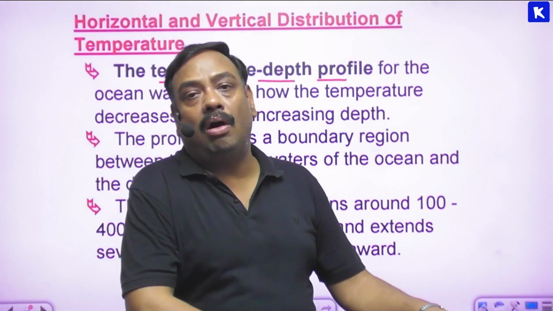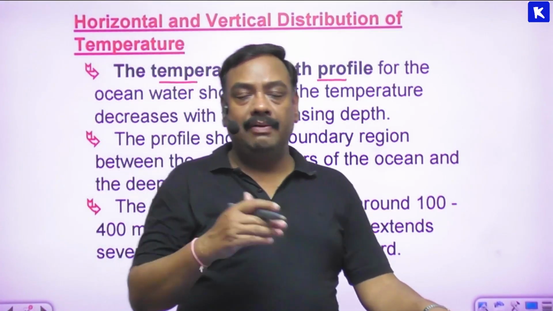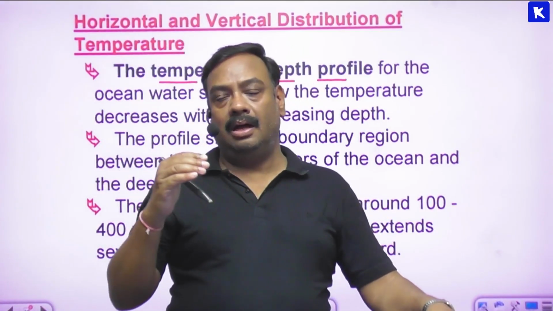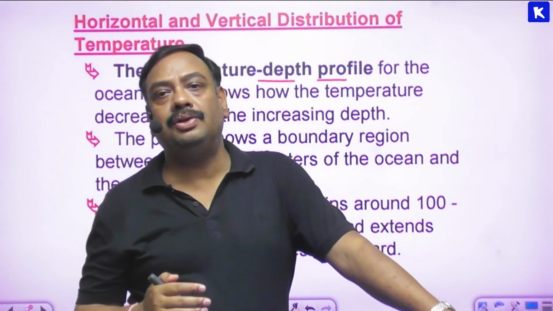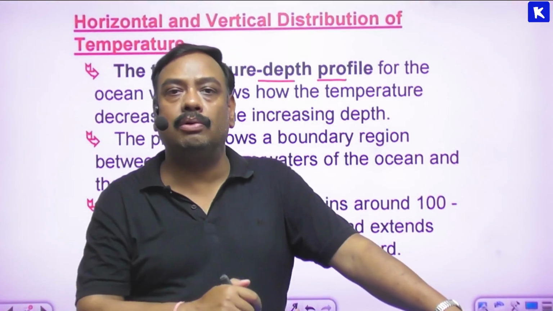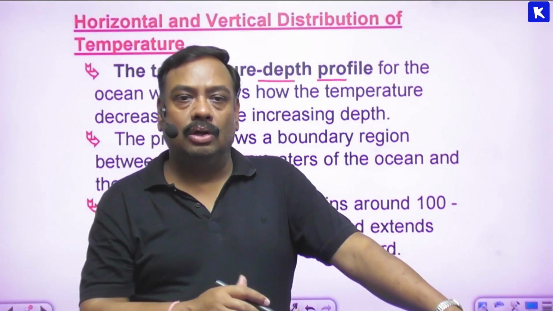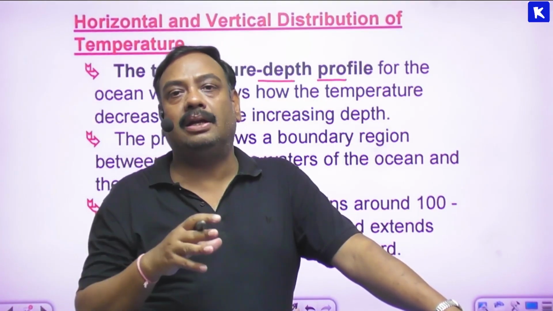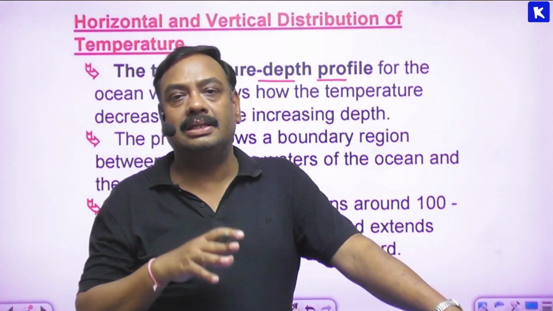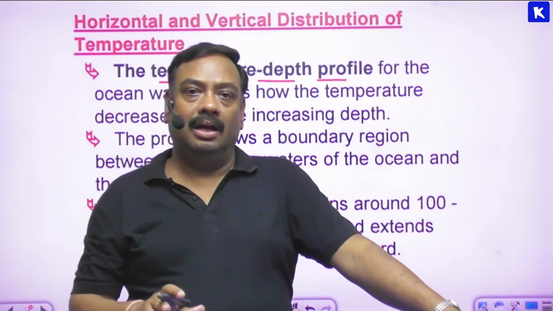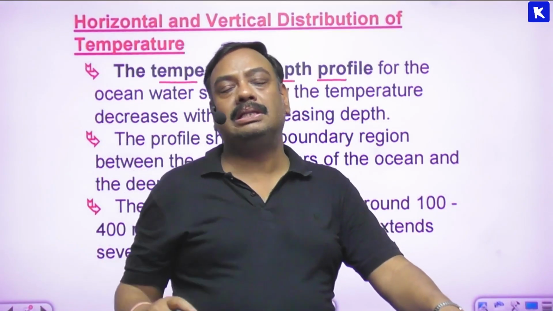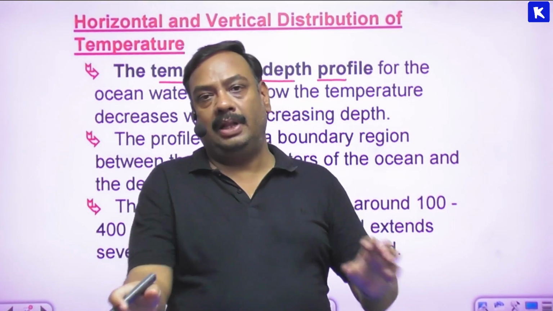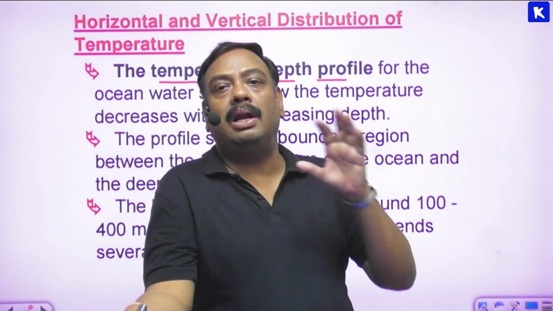It is very obvious that when we see the incidence of solar radiation from the equator towards the poles, the maximum amount of heat from the incident solar radiation is received on the sea surface in the lower latitudinal region.